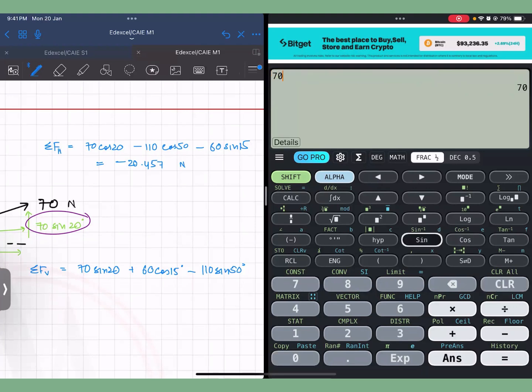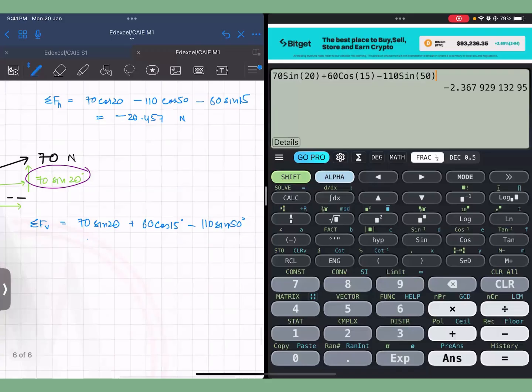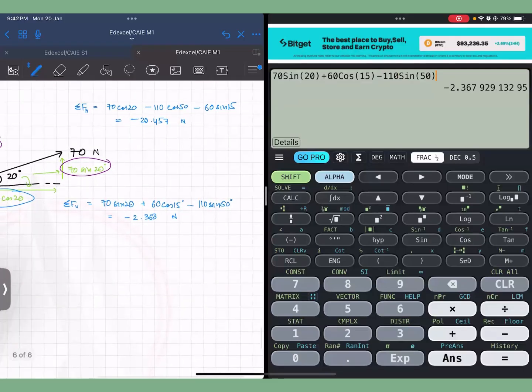For the vertical one, 70 sine 20 plus 60 cos 15 minus 110 sine 50. You're getting minus 2.368 Newton.